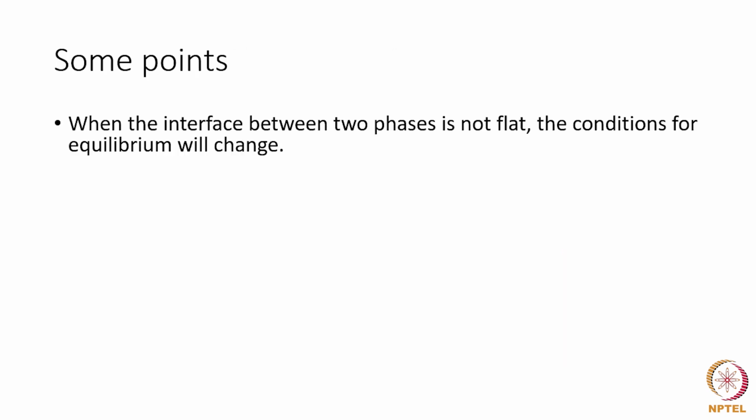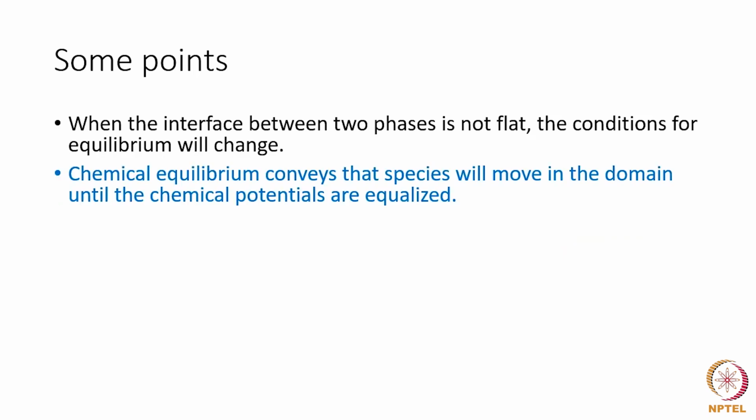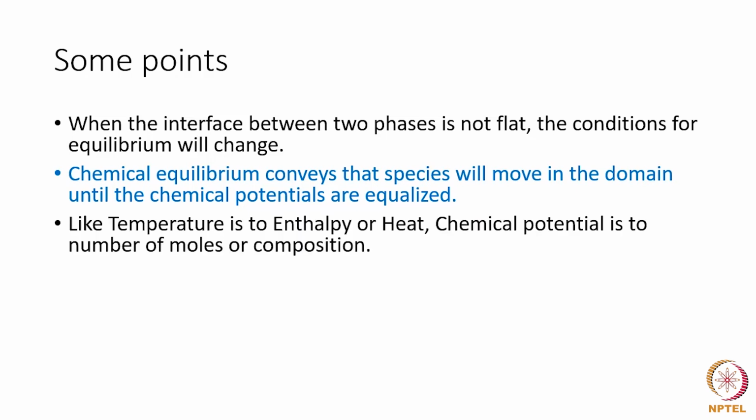Some points that I would like to raise at this moment. If the interface between the two phases is not flat, the conditions for equilibrium will change, and chemical equilibrium conveys that species will move in the domain until the chemical potentials are equalized. And there is an analogy that we can draw from our familiarity with the thermal aspects: just like temperature is to enthalpy or heat, that is, changes in temperature will lead to flow of heat, similarly chemical potential is to the number of moles or composition of any species.